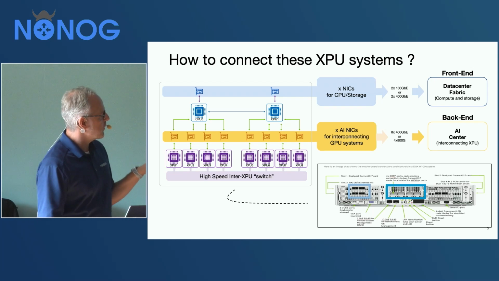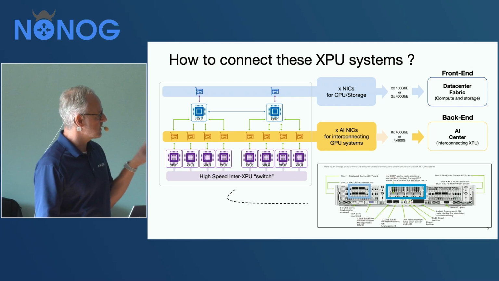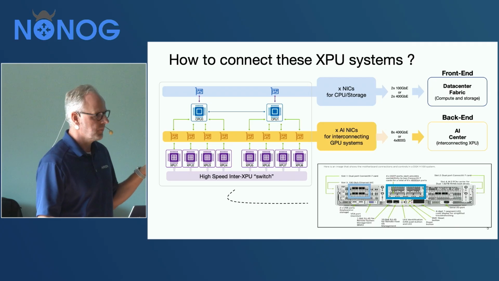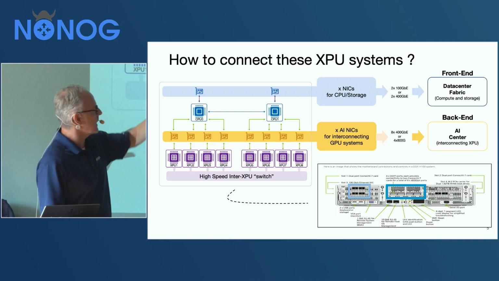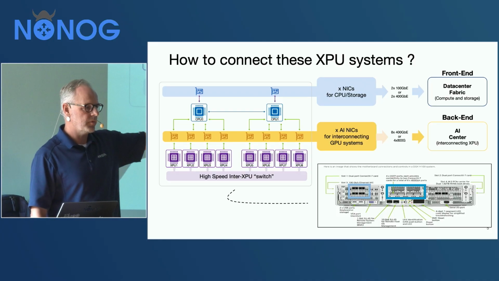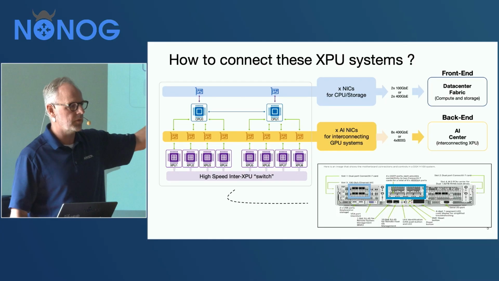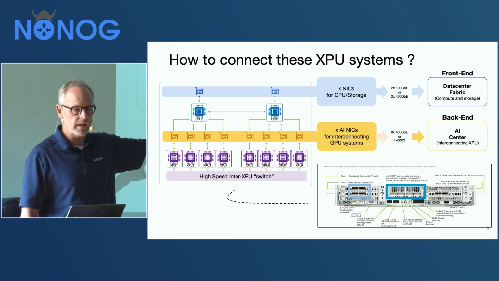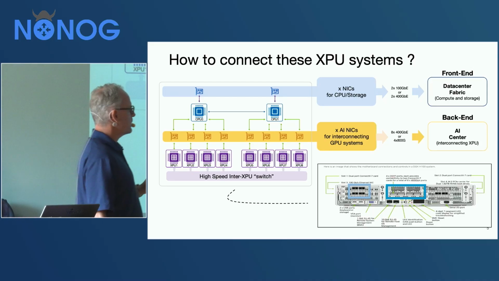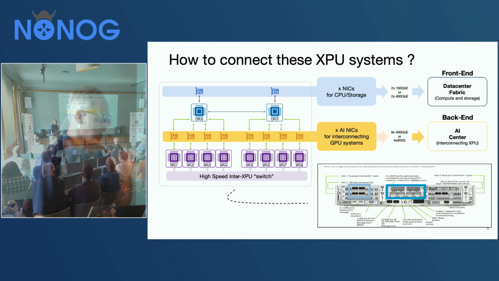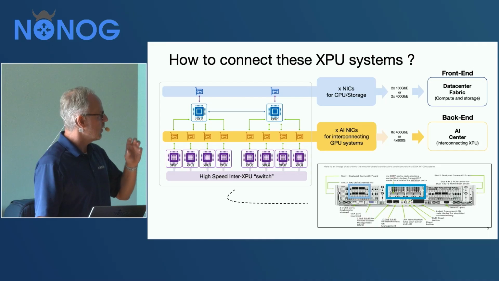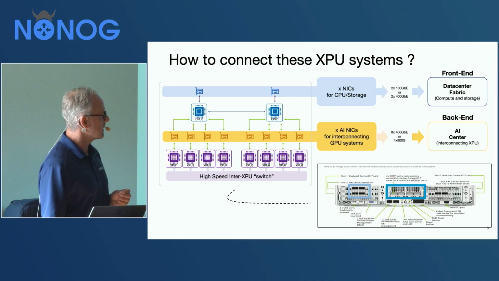And there are actually 3 networks we talk about when designing an AI backend network. We have the CPU and storage ports connecting to the front-end network. In the front-end network, the standard data center is often where the storage is hosted for the AI. We have the GPU ports, normally 8 times 400, which means 400 per GPU, connecting to the backend network, where all data between the GPUs is exchanged.